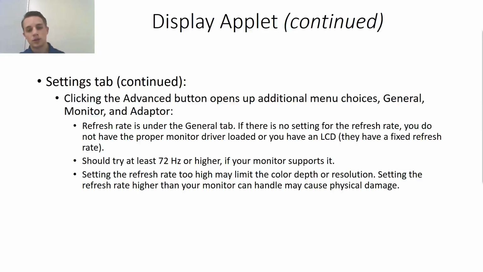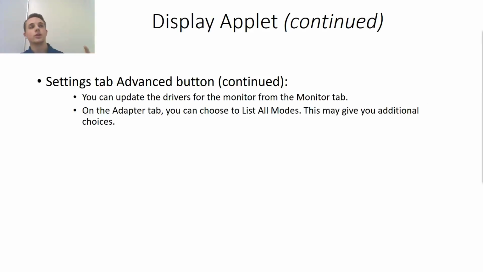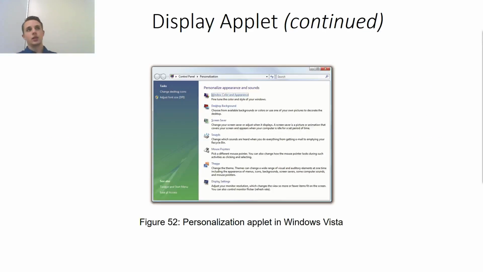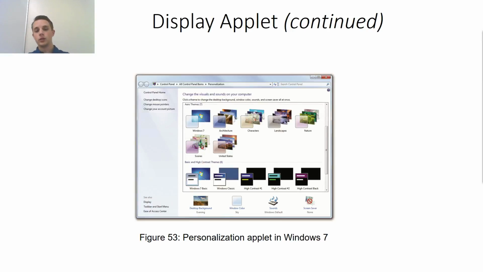Then once again, you can change the refresh rate here, and you can change that per monitor if you have multiple monitors. And then you can have themes just to make it look pretty, or make your own. You can download more.